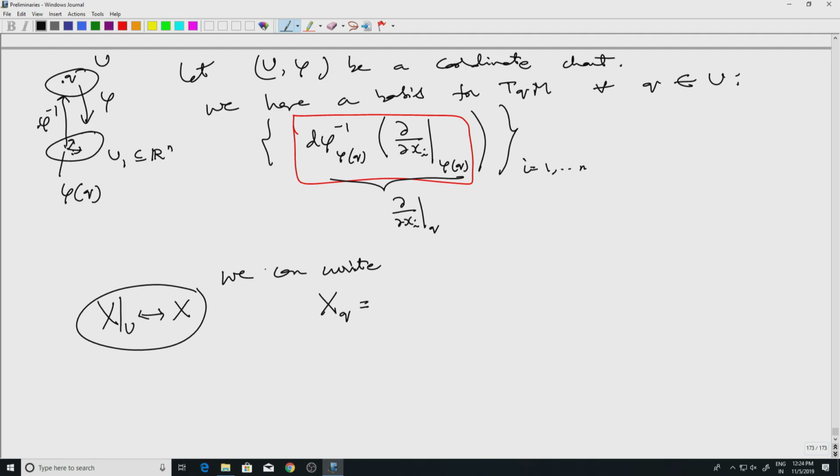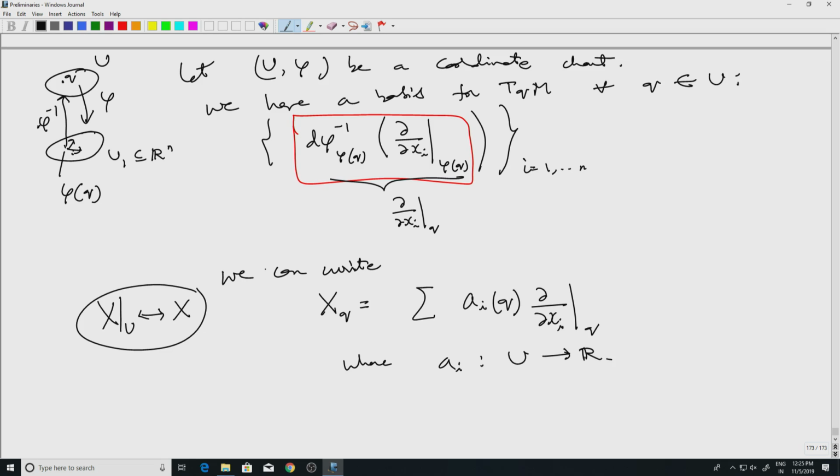I already have a basis, so I can write it as the sum of AI of Q times del by del xi at Q, where AI are now functions from U to R.